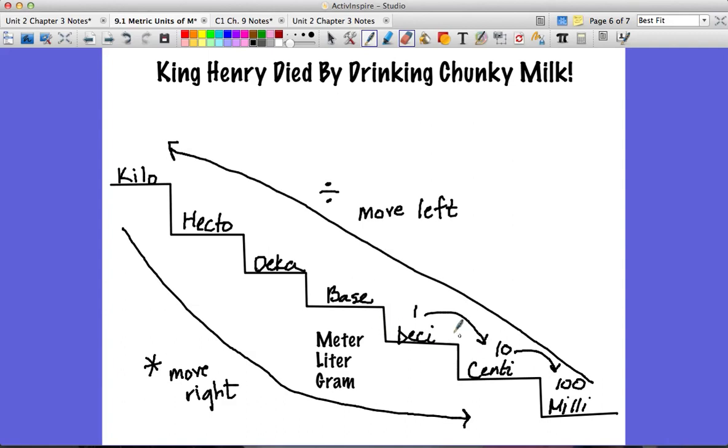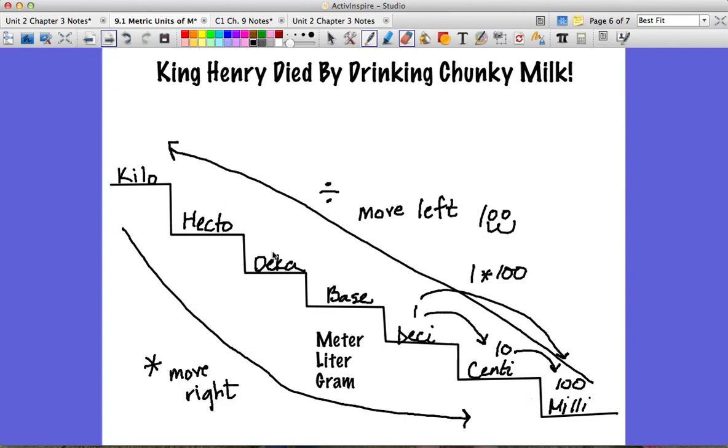Again, you did 1 times 10 and got 10, but then you wanted to go to millimeters, so you did 10 times 10 again and got 100. If you just wanted to skip and go all the way down from deci to milli, you could say 1 times 10 at 2 places, 1 for each stair to the right.